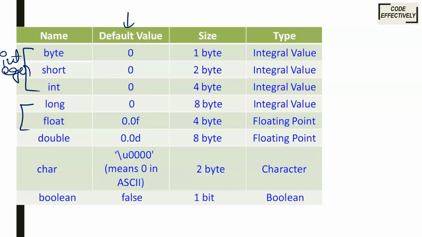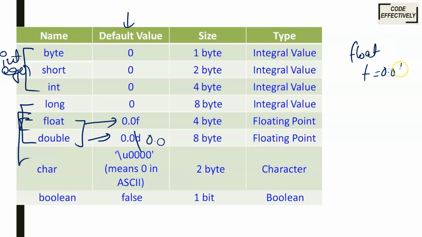When we come to the decimal types, float and double, they have 0.0. We don't need to use D; if you keep it 0.0, that is more than enough. But to indicate that we are using float, we have to write float f = 0.0f. The f denotes that we are using float type data. This is quite important for us.